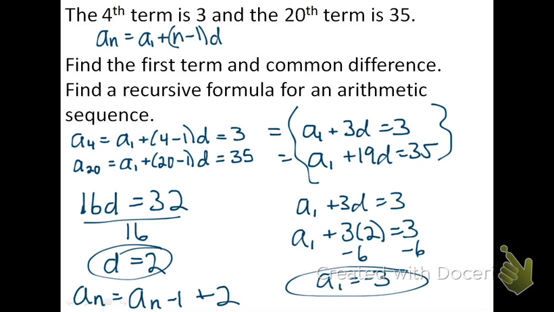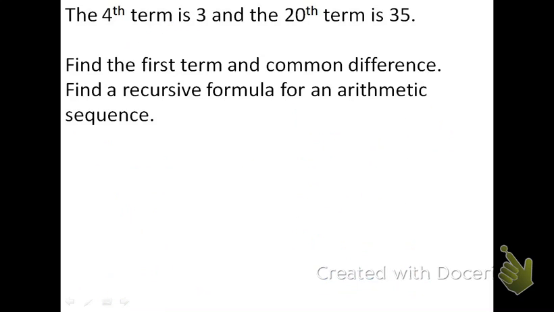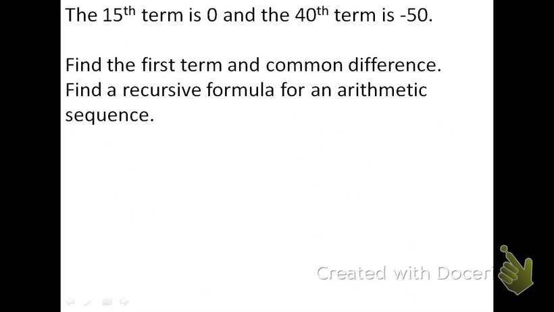Okay, let's try that one more time with a different example. So here we have the 15th term is 0, and the 40th term is negative 50. So let's do the same thing. We're going to set up a system of equations. We're going to use the formula, so a sub n equals a sub 1 plus n minus 1 times d.